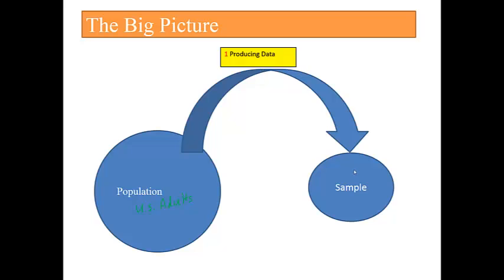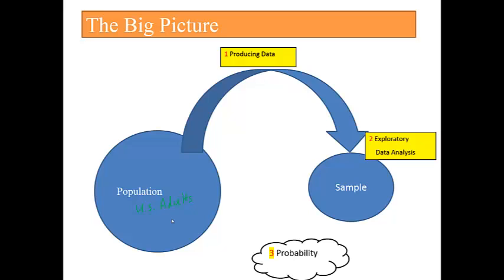Once we get the sample, we do exploratory data analysis, meaning we may summarize data or make graphs and charts, whatever we need in order to answer the question at hand. After that, we use probability.